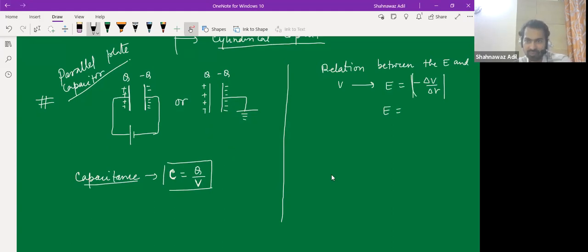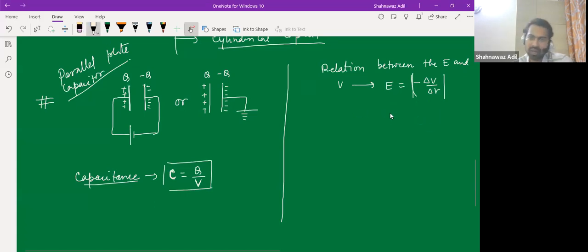We can also write this as minus dV by dr. But for two points, we are calculating between two large points. For an infinitesimal change we write dV, but we are calculating the potential at these two points, so we write delta V by delta r.